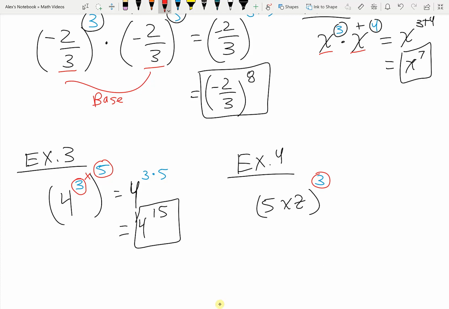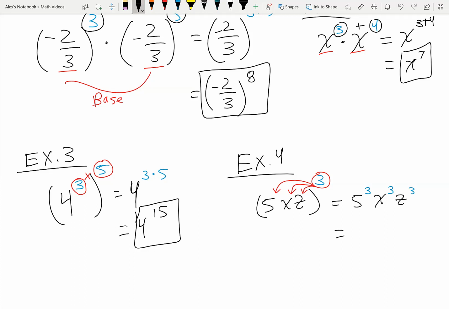So what do you do here? You take this 3 and apply it to each thing inside the parentheses. In this case, there are 3 things inside the parentheses, so apply it to all 3. So we got 5 to the 3rd, x to the 3rd, and you can guess this, z to the 3rd.